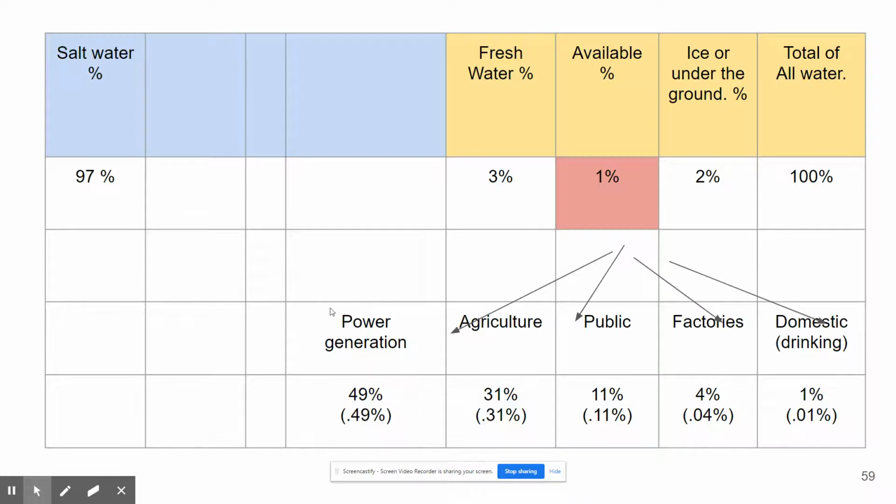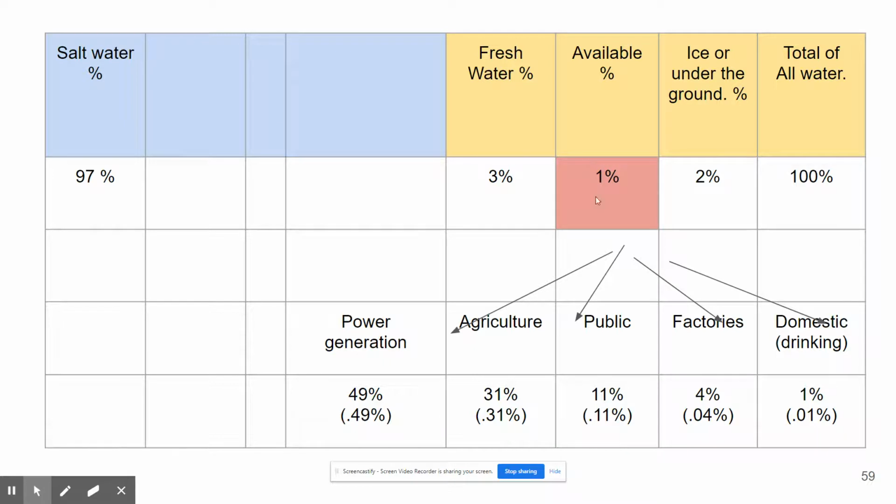But a large portion of the country doesn't have access to river water or winds that are sustainable, that last long enough to generate enough power. So they have to use what's called steam generation.